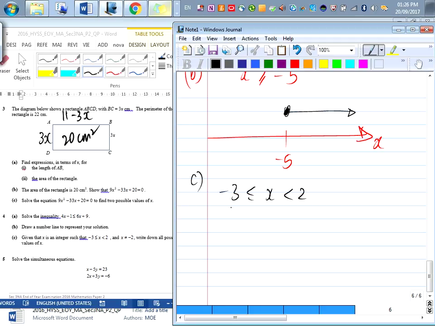So x is between -3 all the way until 2. The values of x could be equals to -3, -2, -1, 0, and 1. Anything wrong with this answer? They said that x cannot be -2, so we must strike this out. In the question, they said that. So my answer will be -3, -1, 0, and 1.